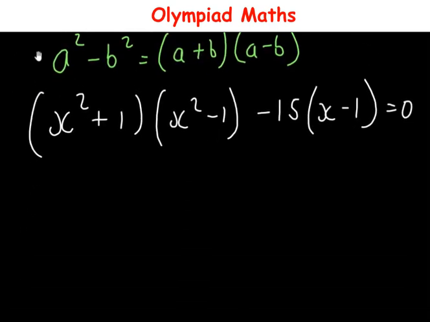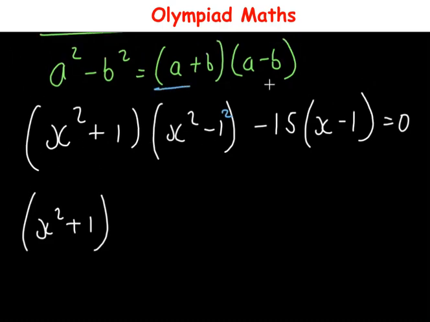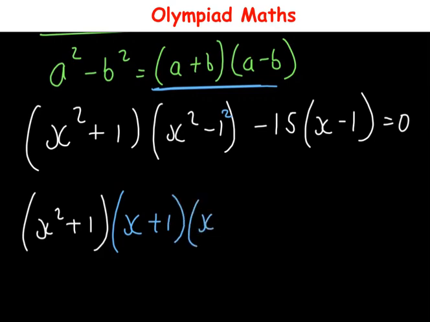So from here, we have in brackets x squared plus 1. Also, looking at x squared minus 1, we can write this 1 as 1 raised to power 2, 1 squared. You will still have 1, so that we now have difference of two squares. So, working with this format, that if you have difference of two squares, what you have is in brackets x plus 1 multiplied by x minus 1. Then we have minus 15 into bracket x minus 1, all is equal to 0.